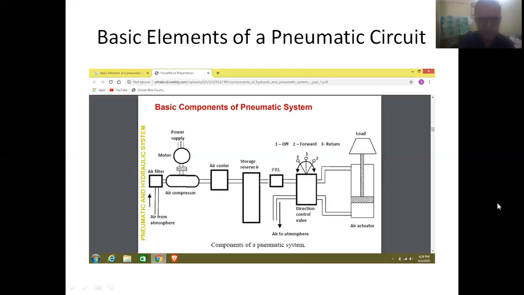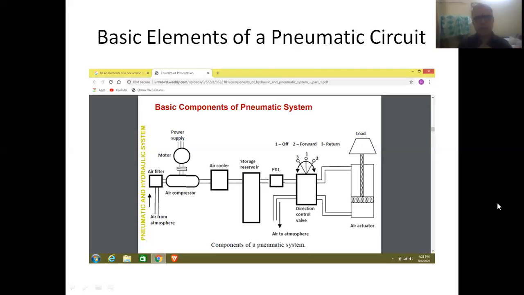An inlet pipeline for receiving fluid from the compressor, a pipeline for connecting the first outlet and the first port of the cylinder, another pipeline for connecting the second outlet and the second port of the cylinder, and finally one more pipeline for connecting the exhaust port of the DC valve to the atmosphere.